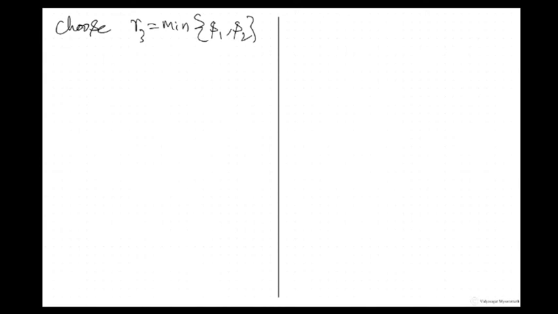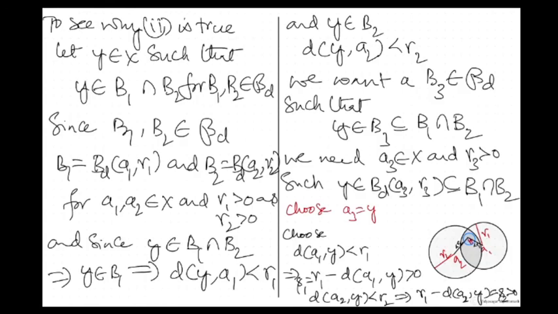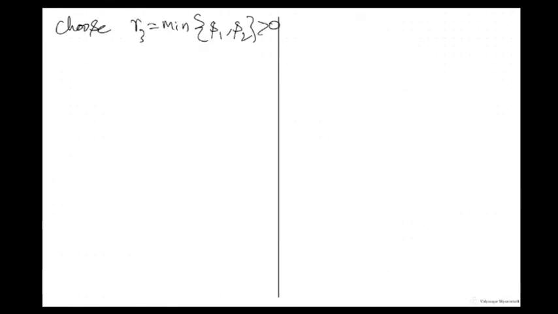Clearly, by the way we have chosen our r3, it is certainly greater than 0 because s1 and s2 are both greater than 0. Claim: the open ball of radius r3 centered at y of course contains y, so I don't even have to prove it.